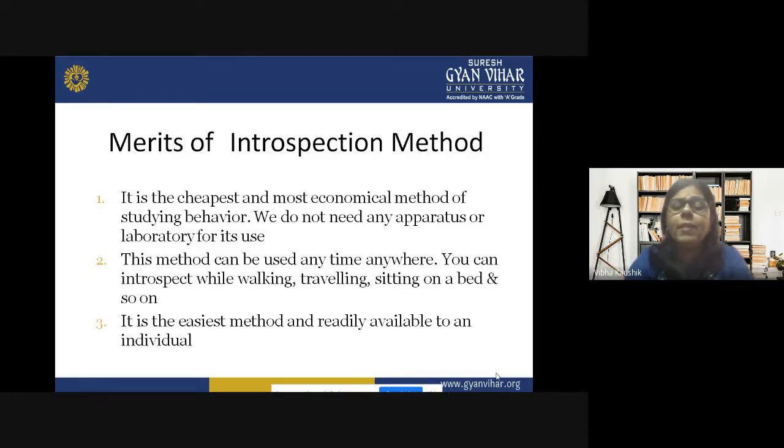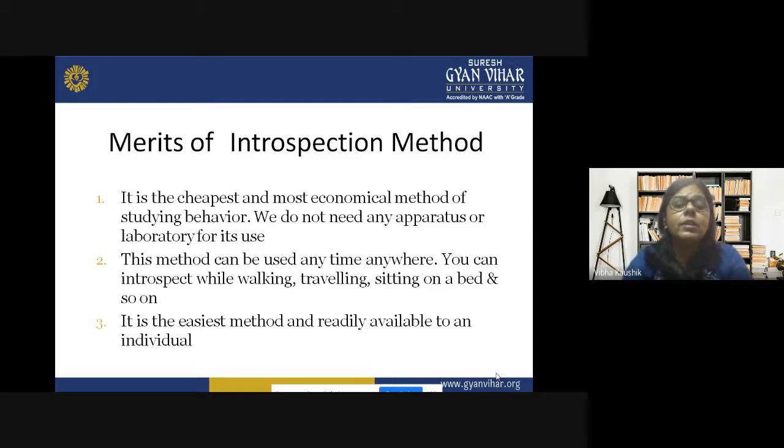You can introspect your behavior while walking, while traveling, or sitting on a bed.